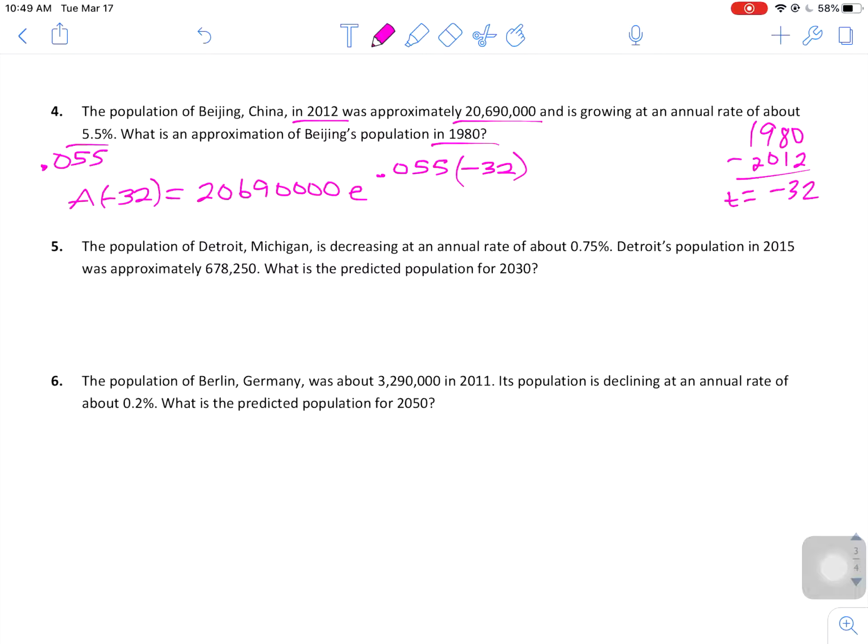Type that in to the calculator. So I'm getting a nice big number here.